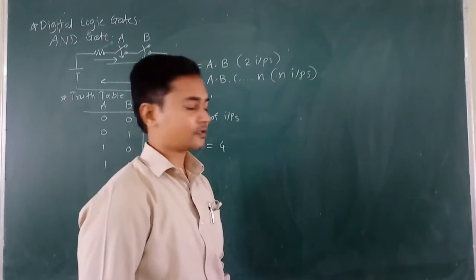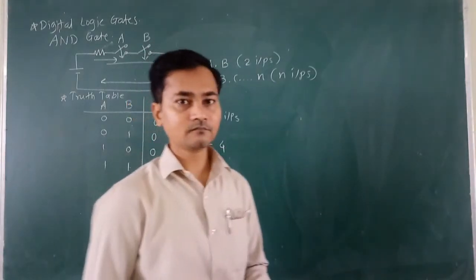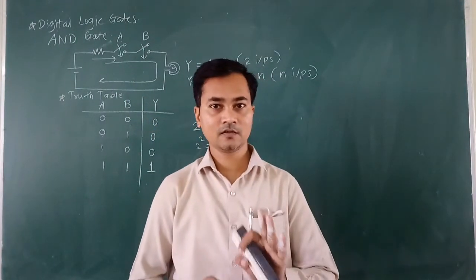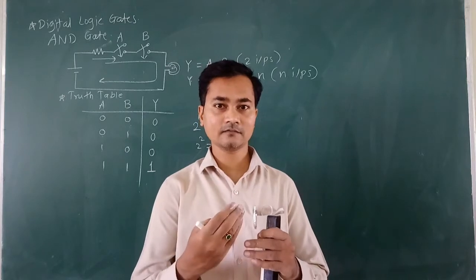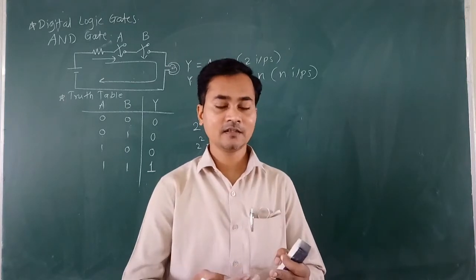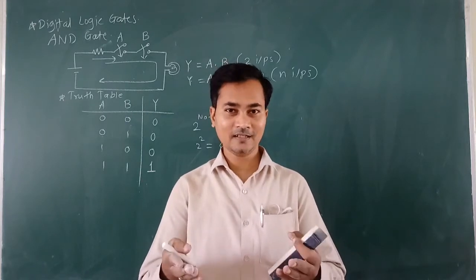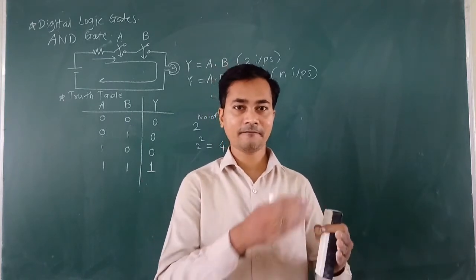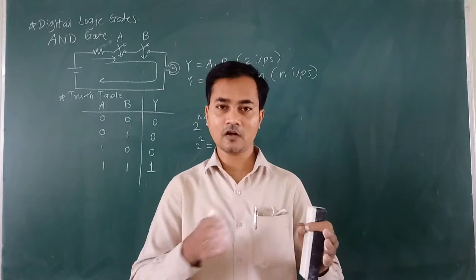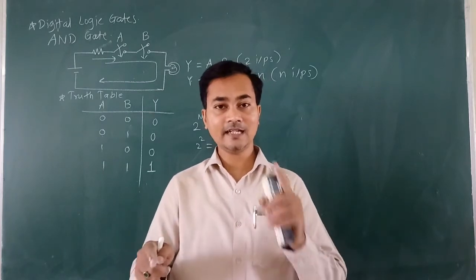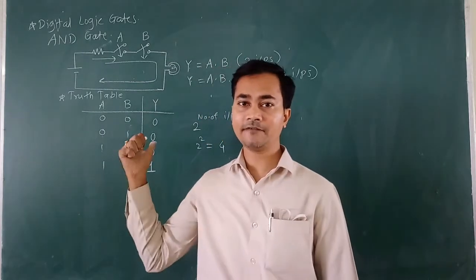Now suppose your AND gate has 5 inputs. Under what condition will the output of the AND gate become 1? Obviously, only when all 5 inputs are ones will the output become 1.